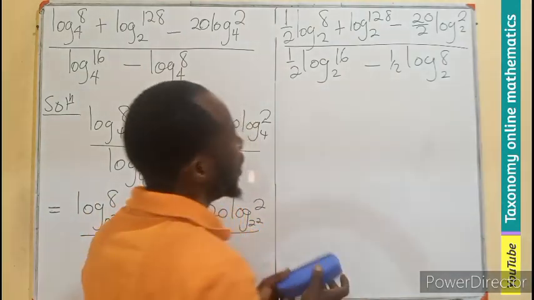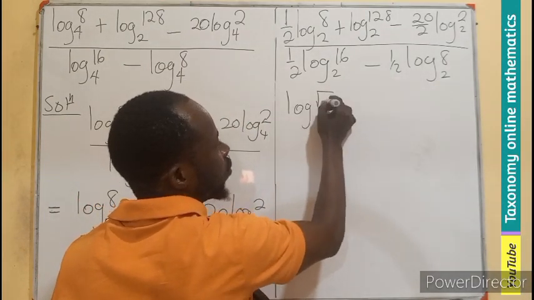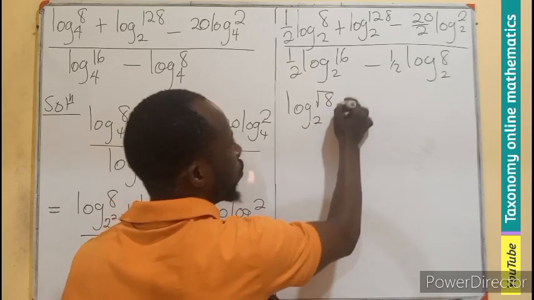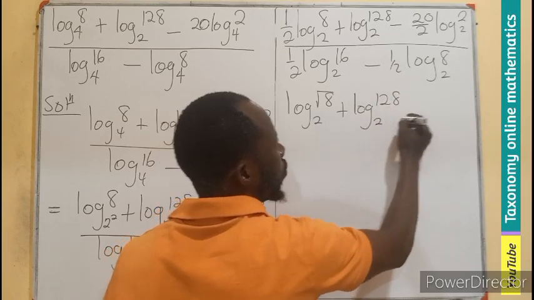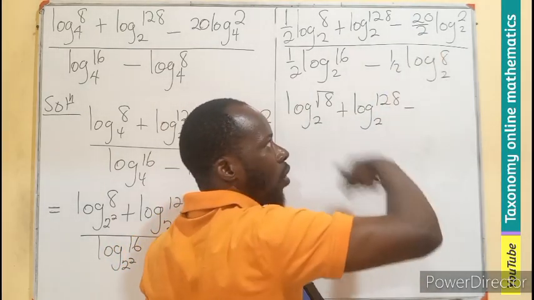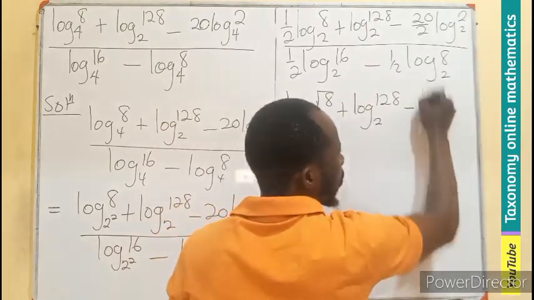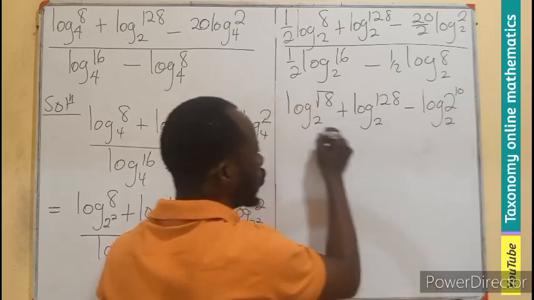So let's introduce that here, meaning the log of the square root of 8 base 2 plus the log of 128 base 2 minus, this is going to be 10 and also goes to be an exponent. So log 2 exponent 10 base 2.